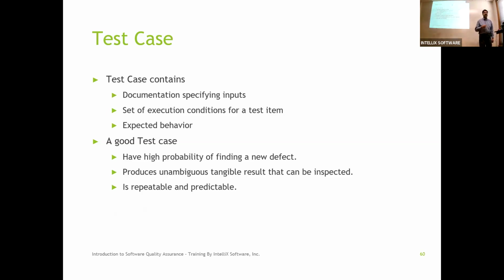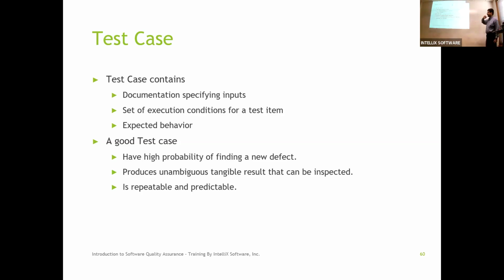Right? Your input is probably going to be your user ID and a password. Expected behavior is if it's a valid user ID and password, you expect to get logged into the system. Right? So every test case is going to have your input, the conditions, and the expected behaviors.